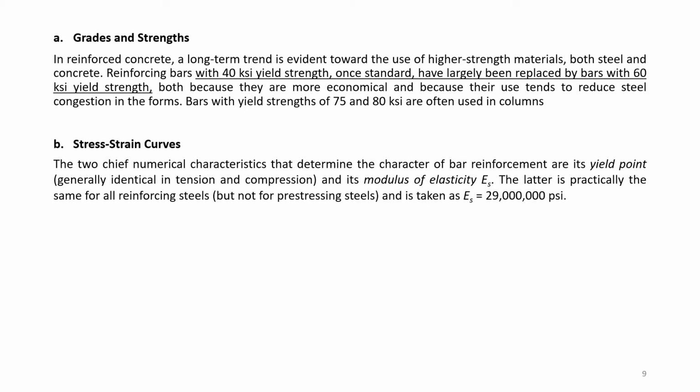Now we will talk about the grades and strength. The steel material has some strength which is in KSI. Normally, very low strength steel is 40 KSI, and there are several types of steel grading, from 50, 60, 70, 75, like that.